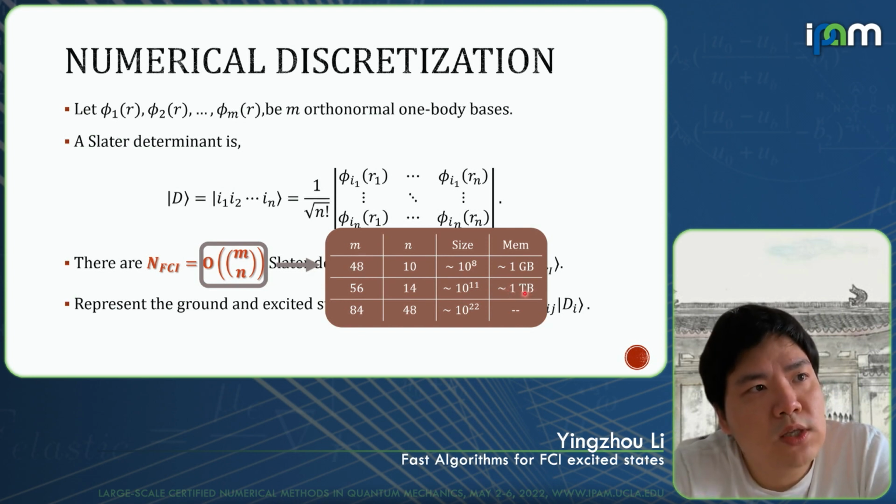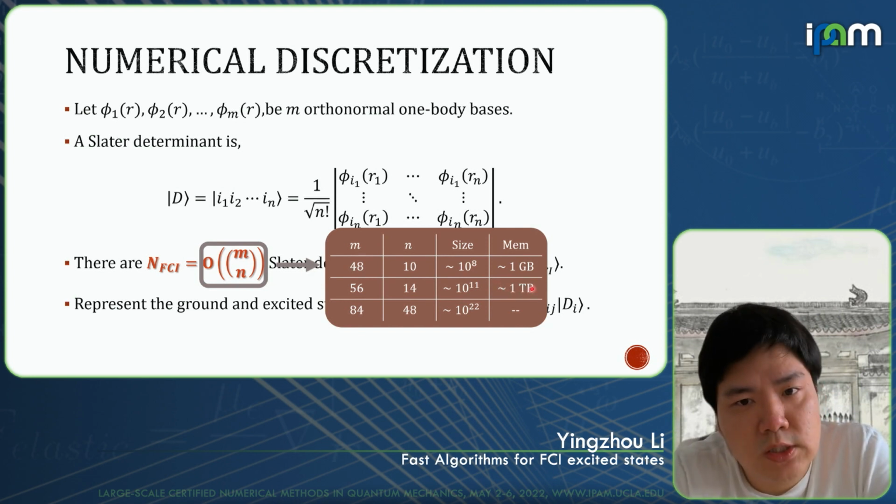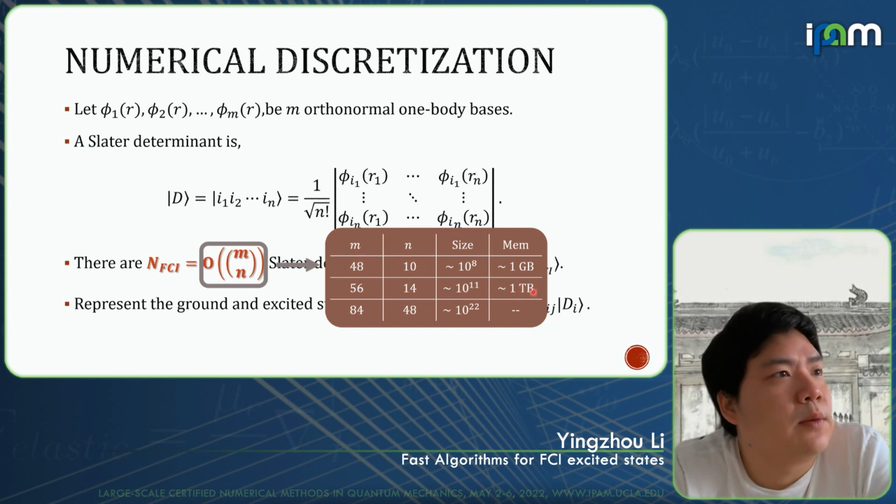For 1 terabyte of memory, we can still find machines nowadays. And nowadays, the largest single node machine will be about 10 terabytes.